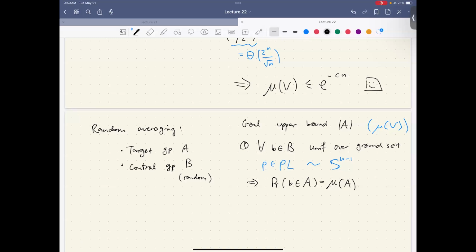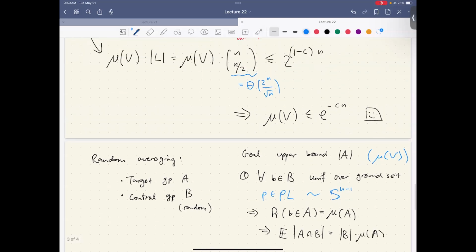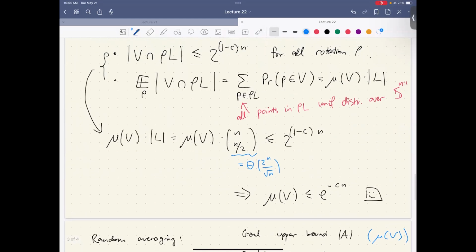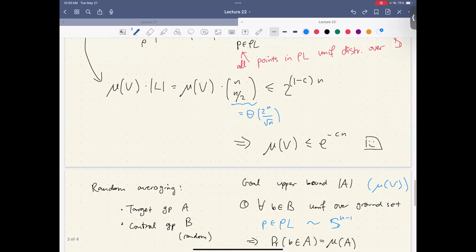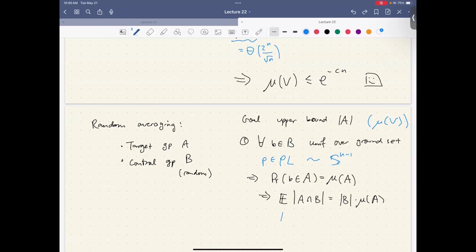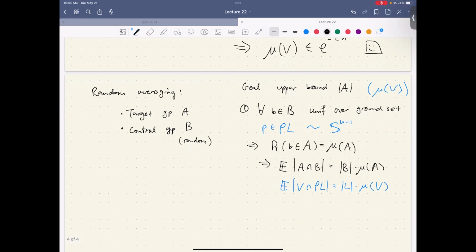But on the other hand, this implies the expectation of A intersect B is equal to the size of B times mu A. This in our proof here is this step, mu V. So we can bound things in expectation associated with the measure of the set we want to upper bound.